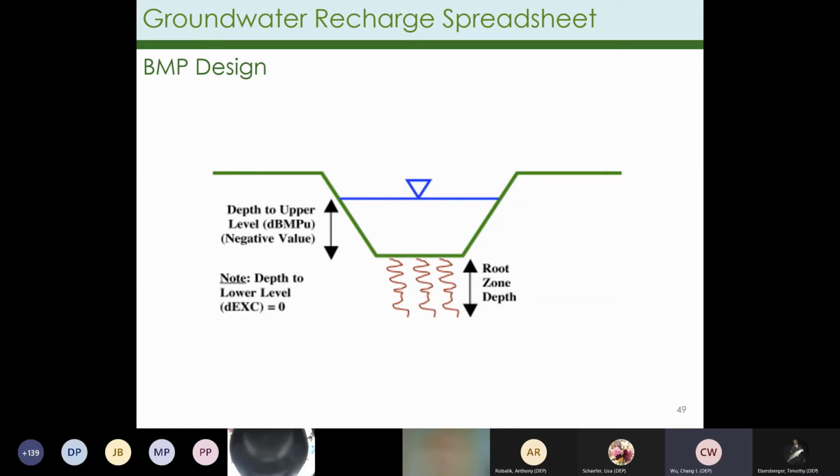So the vegetated ground means the bottom, and if the vegetated ground is below the water surface, then the DBMPU will be a negative value, and that value is the distance between the water level to the bottom ground of the basin. And for the DEXC, it will be 0 because the DEXC is defined as the basin bottom to the vegetated ground, so it's at the same place, so it's 0.